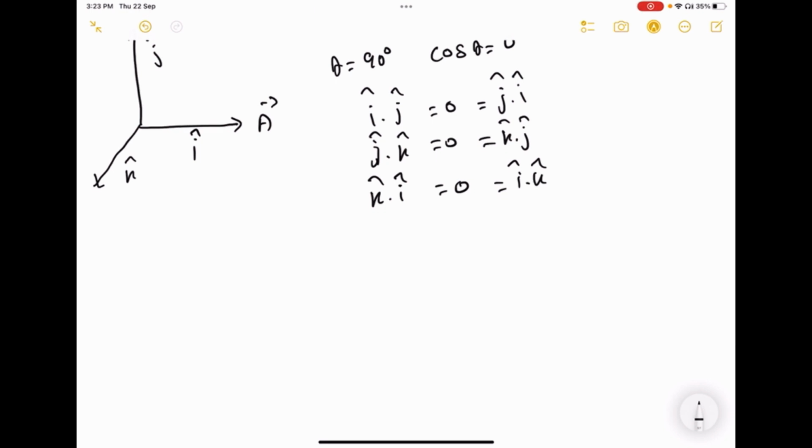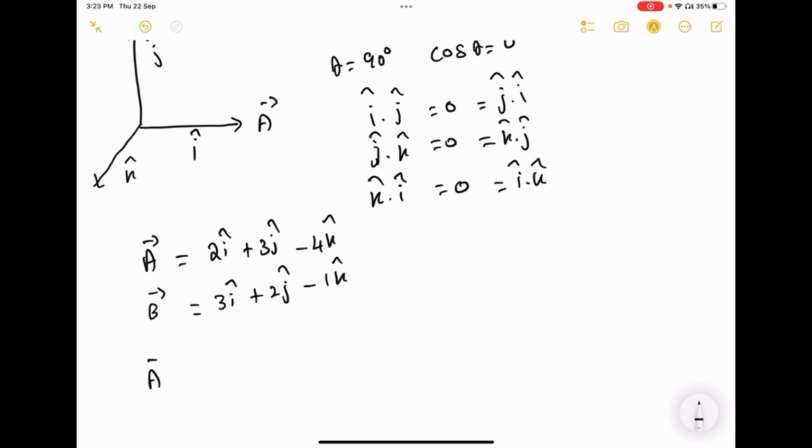So now I'm going to explain how to perform dot product between two vectors. I have a vector equals 2 I cap plus 3 j cap minus 4 k cap. B vector equals 3 I cap plus 2 j cap minus 1 k cap.